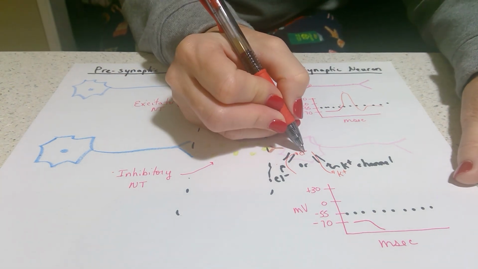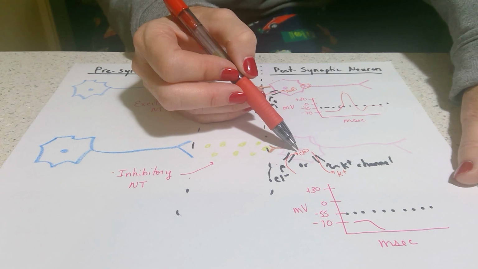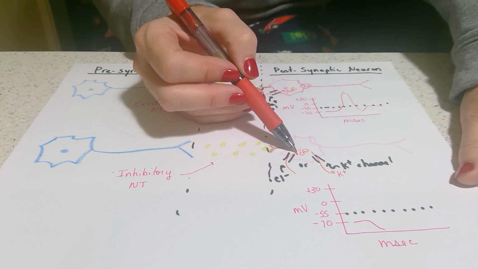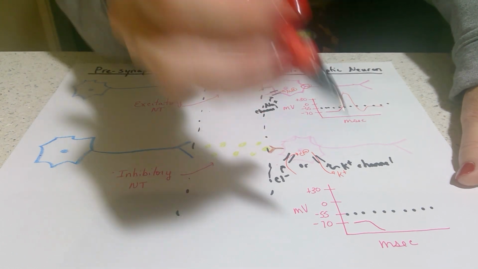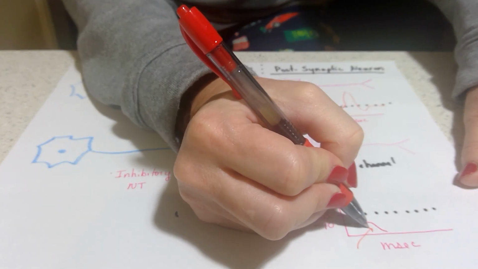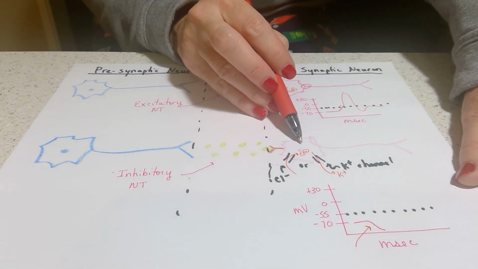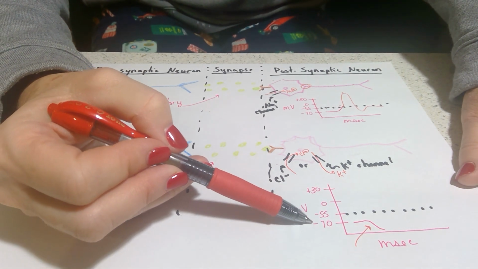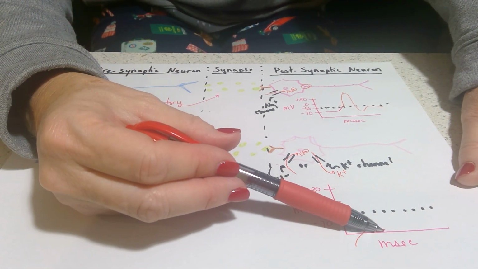Chloride ions carry a negative charge, right? So if we have all these negatively charged ions coming in, that's going to create a polarizing event that's going to be called a hyperpolarization. And so that's what you're seeing here, what I've drawn here. It makes it more negative on the inside. If it's more negative, it's a hyperpolarization. So we go from, again, our resting membrane potential at -70 to an even more negative value.